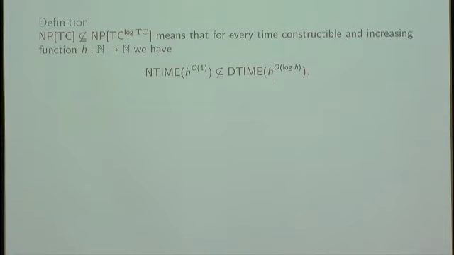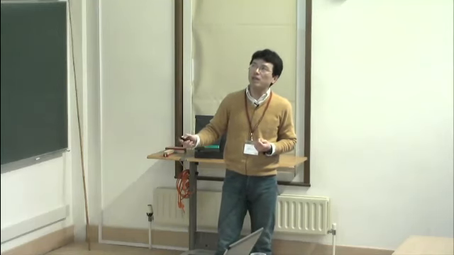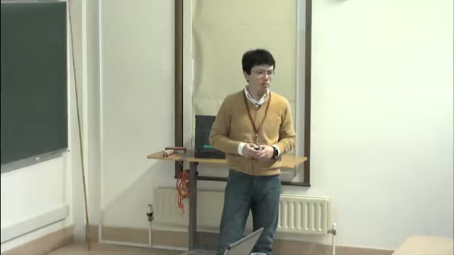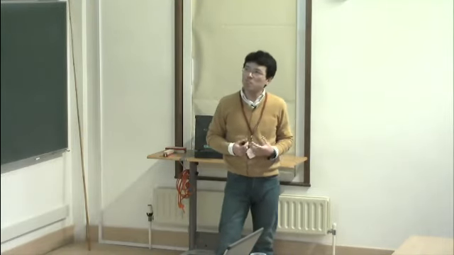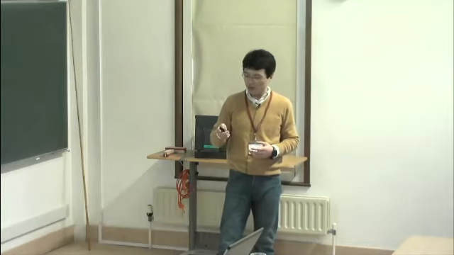Think about h as the identity function. This tells you NP is not contained in DTIME(n^{O(log n)}). So more or less it says that NP is not in quasi-polynomial time. But of course, it's a further generalization concerning all time constructible functions.